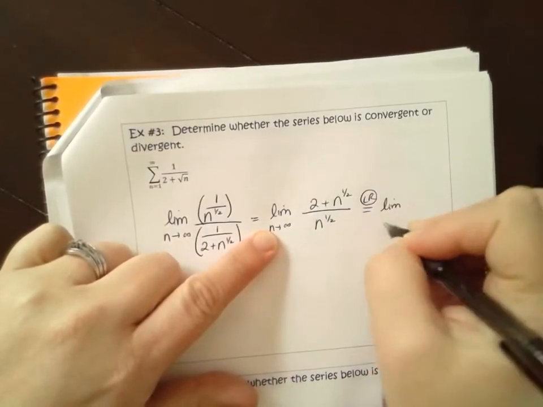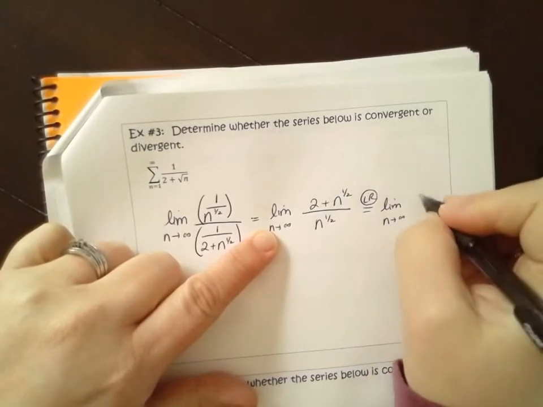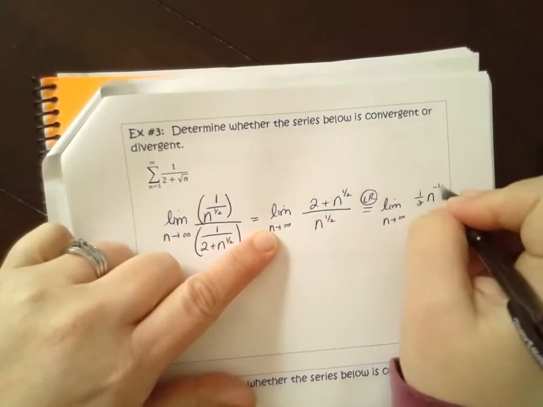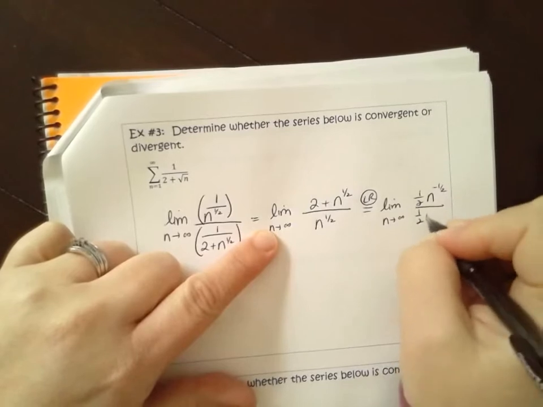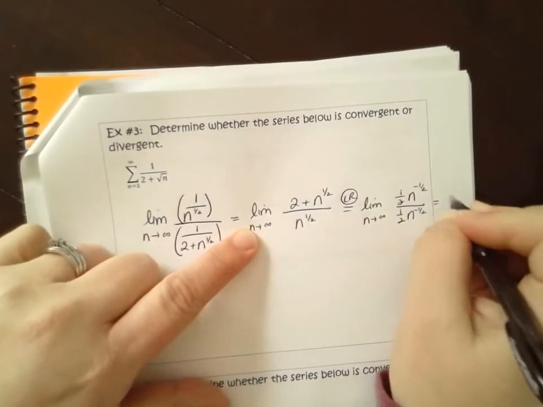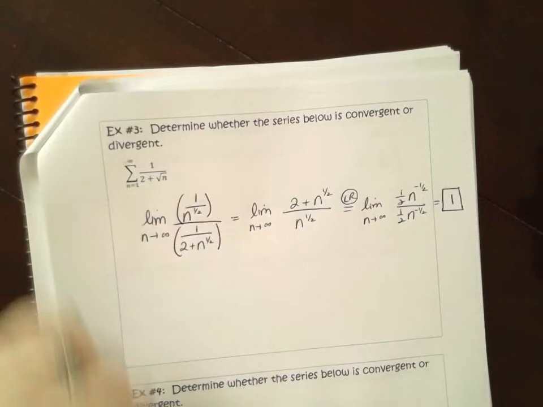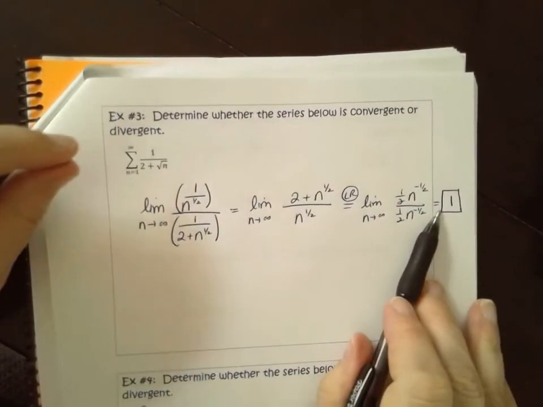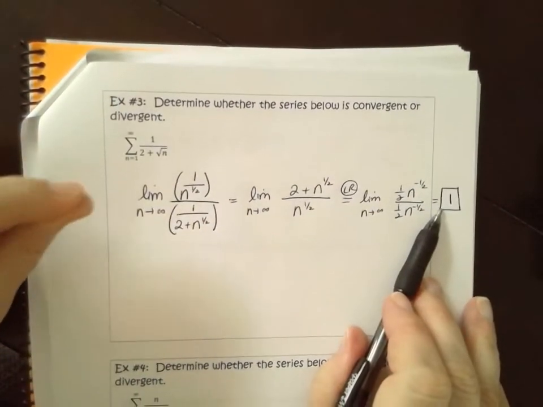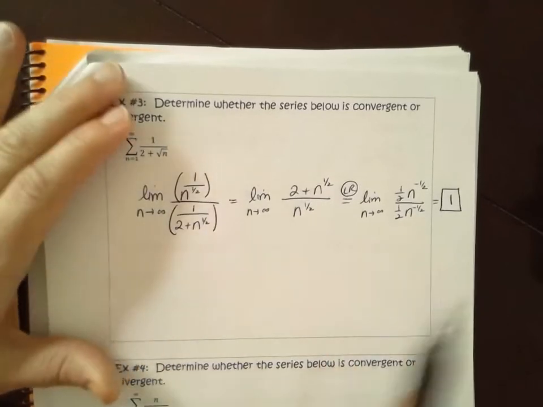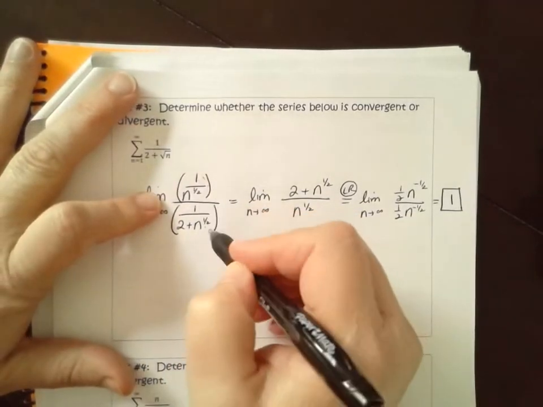And after L'Hopital's rule, I get 1/2 n to the negative 1/2 over 1/2 n to the negative 1/2, which is 1. 1 is not any particular answer except a confirmation that these behave the same.